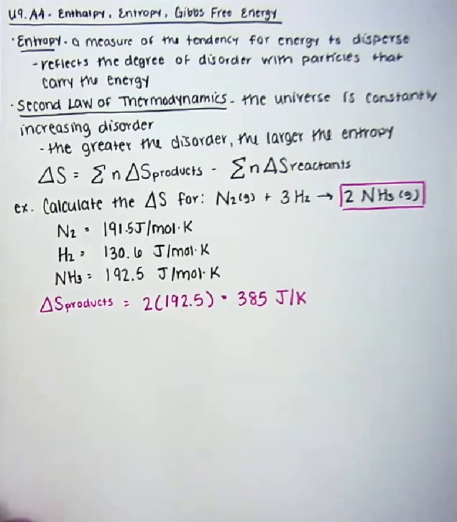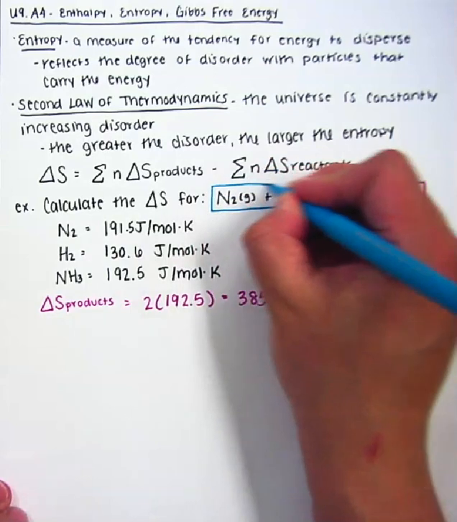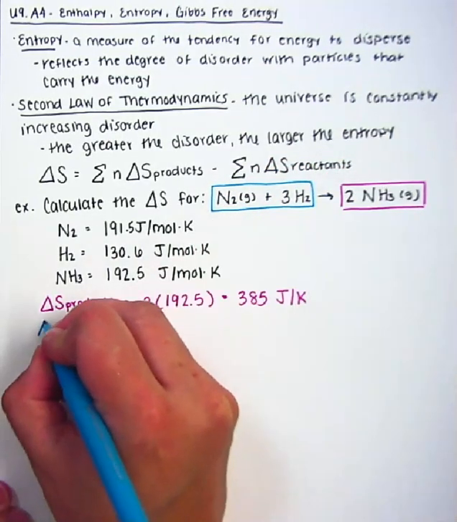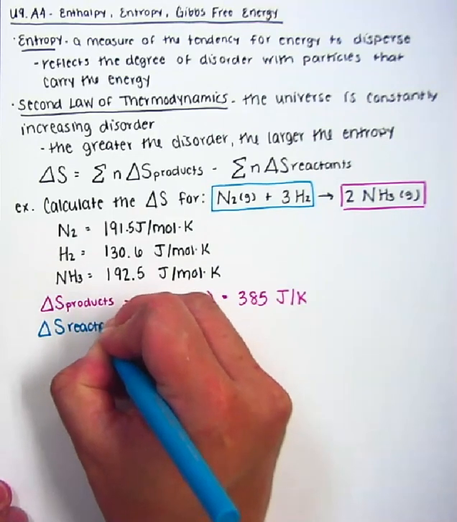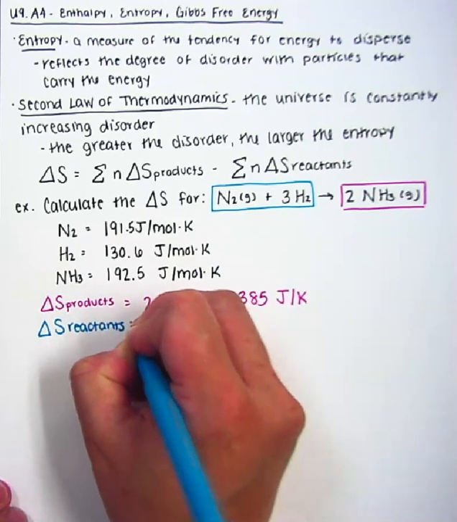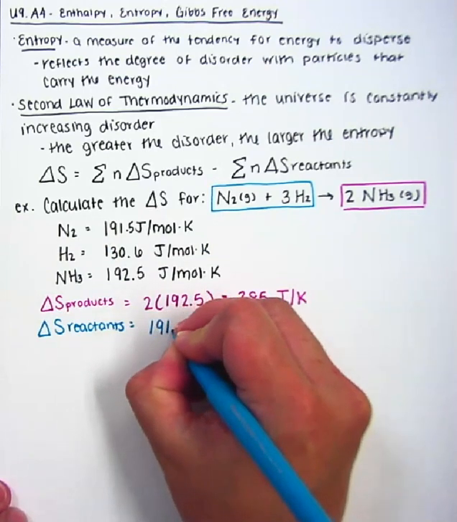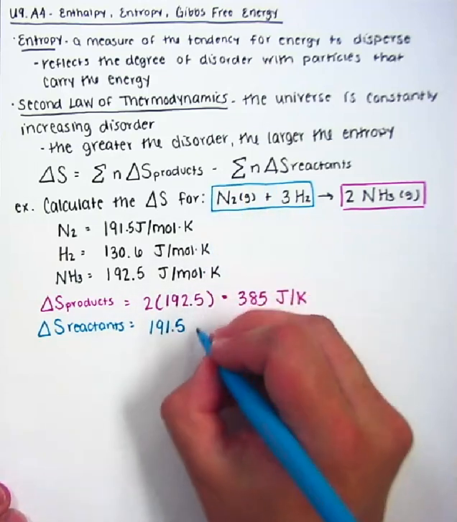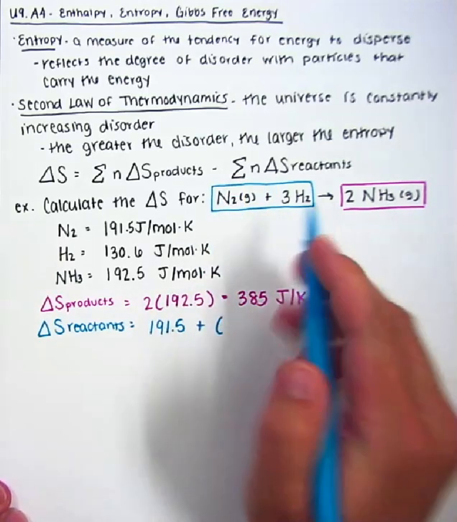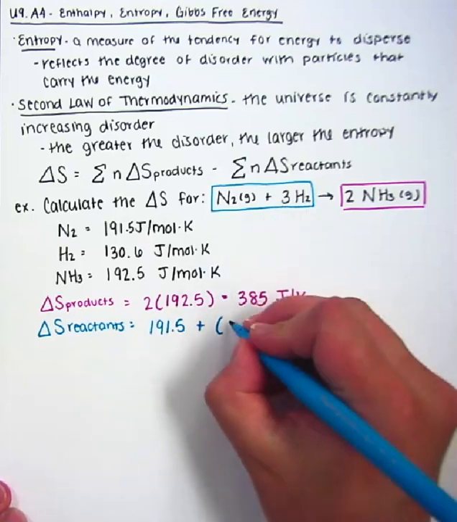Now we can calculate delta S for the reactants, left side of the arrow. Only 1 mole of nitrogen, so 1 times delta S for nitrogen. And again, it is the sum of, so I'm going to add it. I need to multiply delta S of hydrogen by 3 because it has a coefficient of 3.